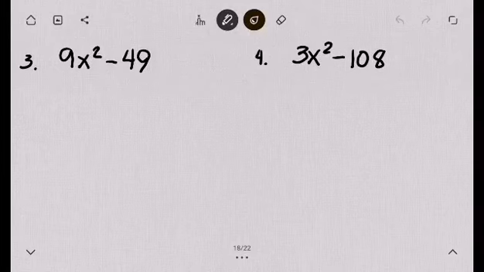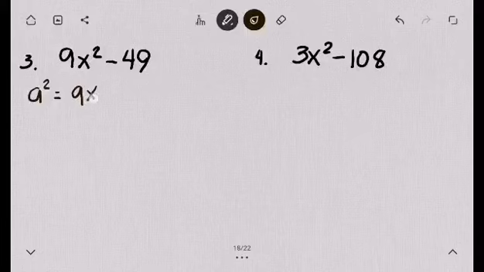Subukan pa natin yung pangatlo. We now have 9x squared minus 49. And then, yung pang-apat is 3x squared minus 108. So, ito ay ibang case kung saan yung ating leading coefficient ay greater than 1. So, upon inspection, yung ating a squared dito sa number 3 is, ang value niya sa given is 9x squared. And then, yung b squared ay 49.